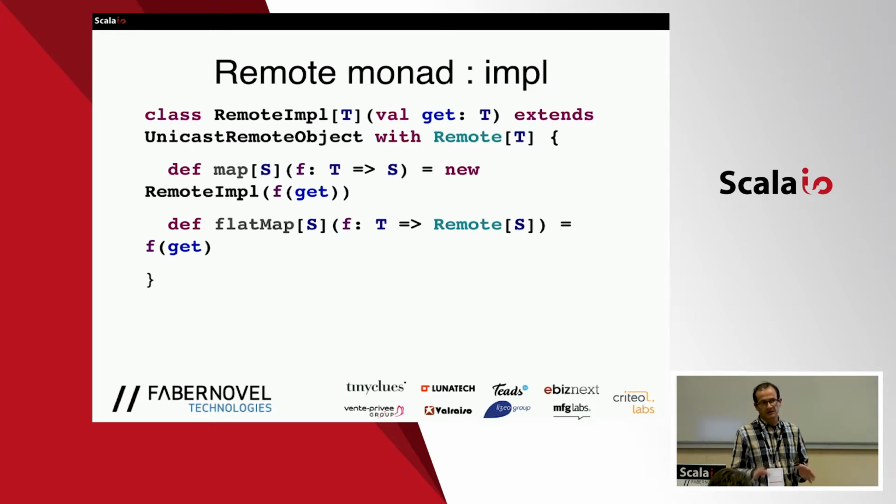Flat map works the same. So what you have is a remote object which you will be able to pass closures to, to do whatever computation you like on the remote side.